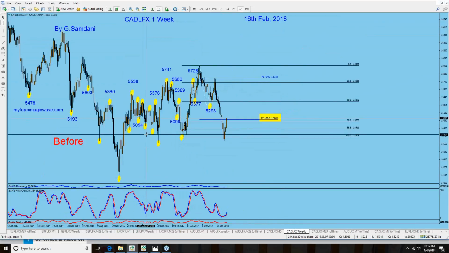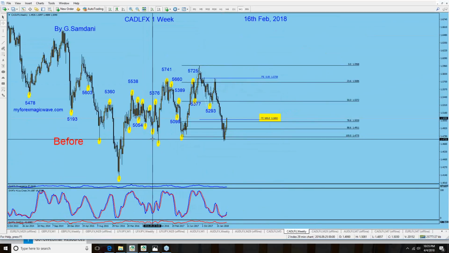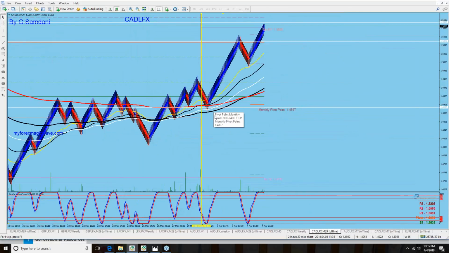Let me see where it is. Yes, 48.98. Okay, this is the one. Basically this is the number where it came back right here and then posted a reversal candle.